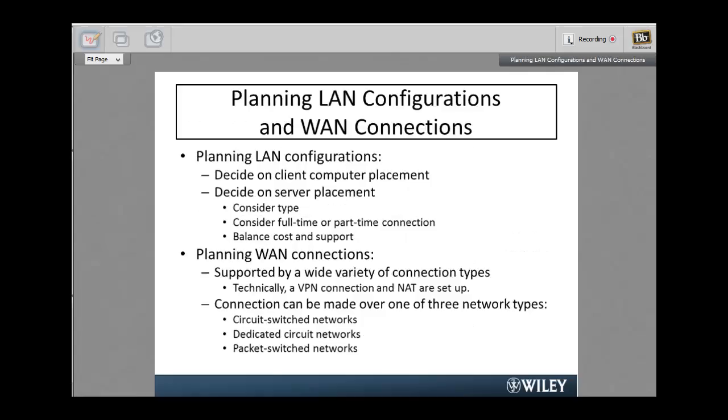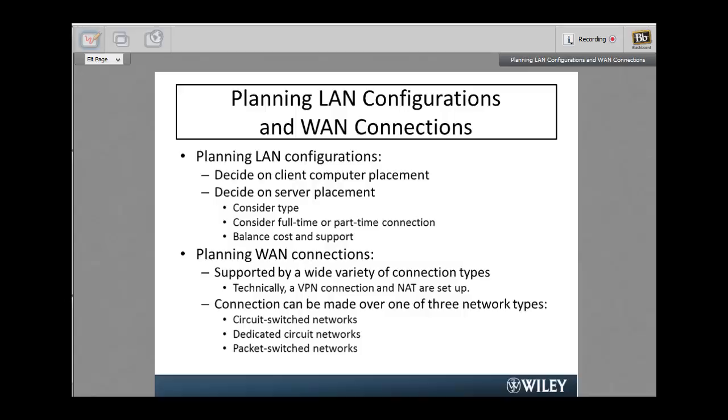So, planning LAN configuration and WAN connection. Planning LAN configuration: decide on the client computer placement and decide on the server placement. Okay. You consider the type, full-time or part-time connection, balancing cost and support.